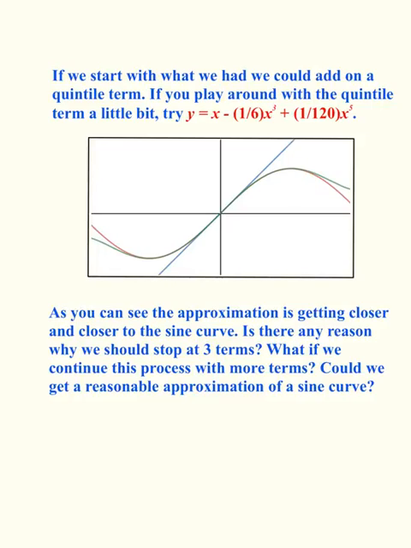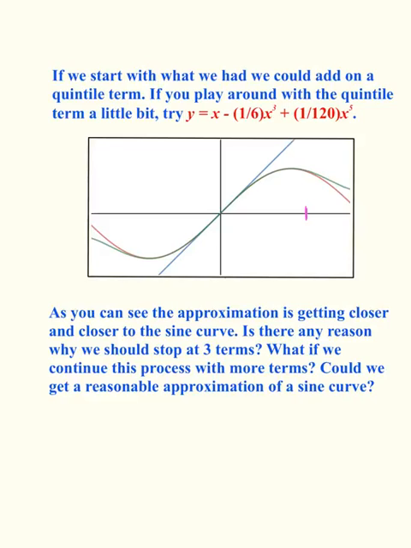It really doesn't start to deviate until you get about right here. That's when it starts to branch off from the sine curve. And as you can see, that is about where the hump starts to come down, a little bit past that.